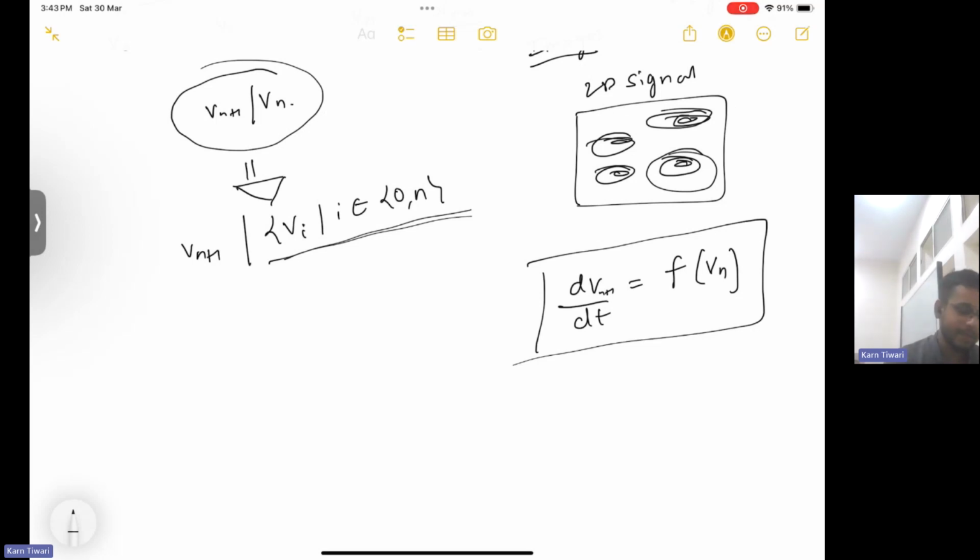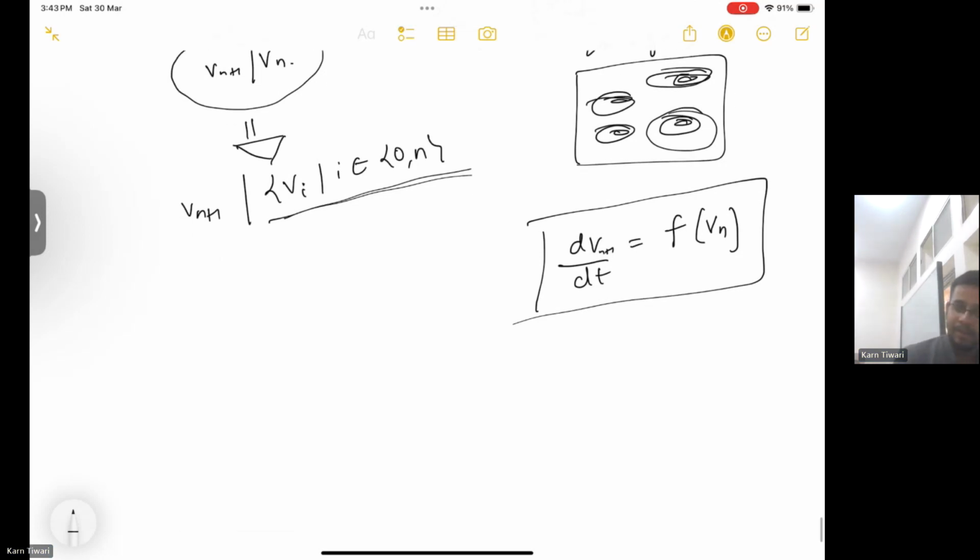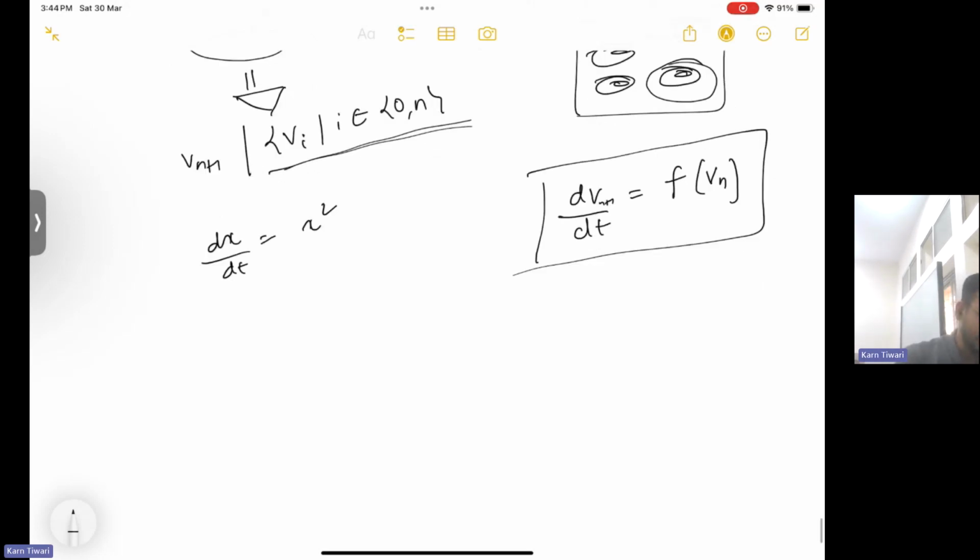And this function f, if we can integrate it, will give us much better results. It's kind of an ODE which will be evolving. For example, suppose I give you dx by dt is just x squared. You know how to solve this problem.